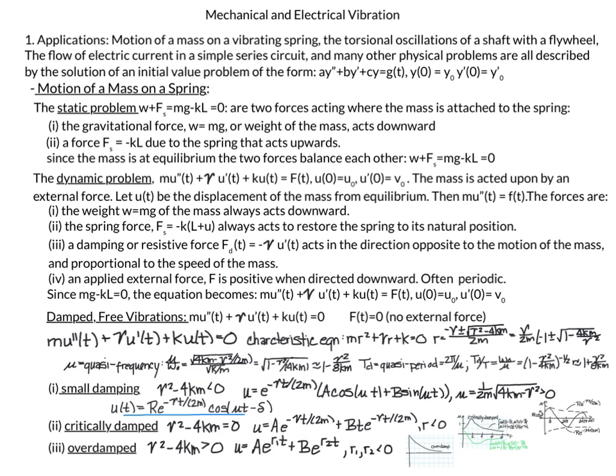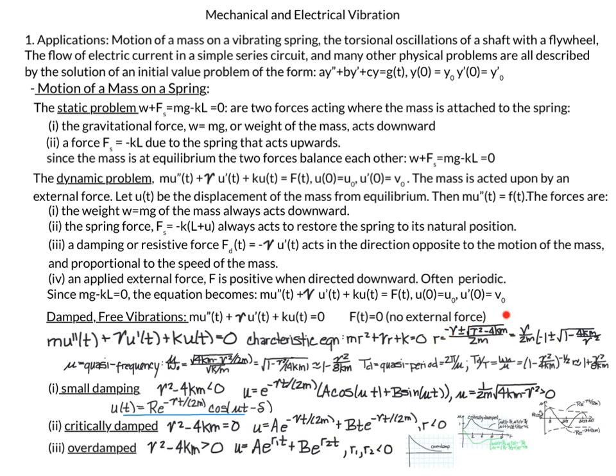When we looked at the motion of a mass, when we added back in damping, but still had no external forces, we had this second order differential equation, m u double prime plus gamma u prime plus k u is equal to 0. We looked at the characteristic equation and we said there were three possibilities for roots.